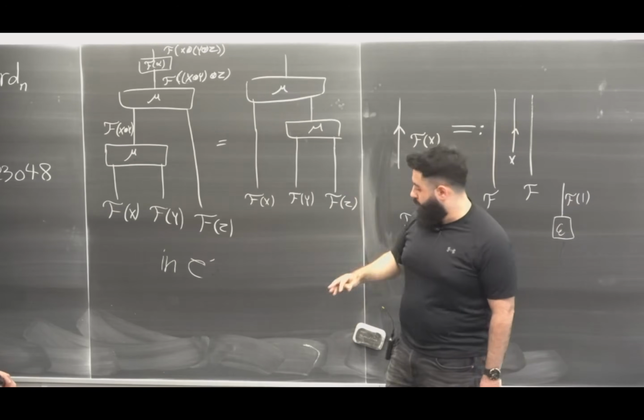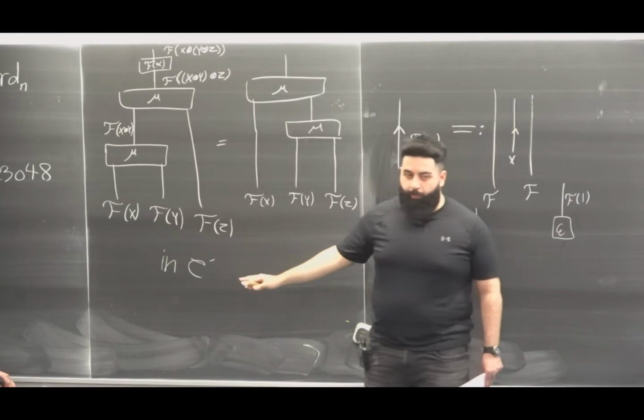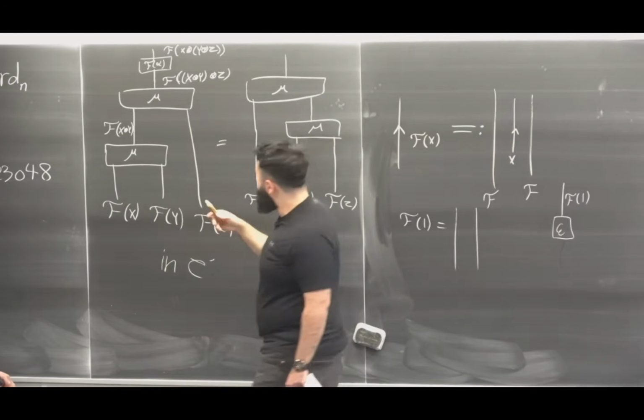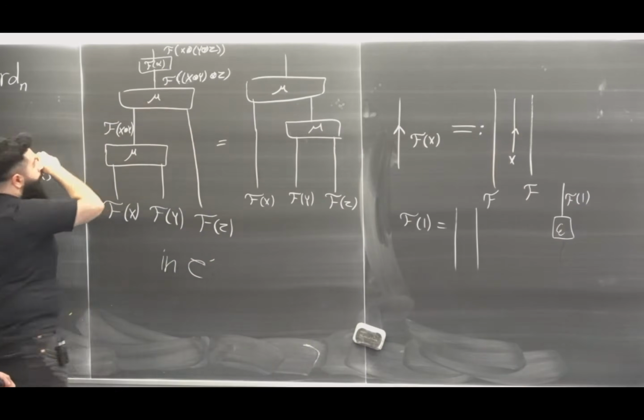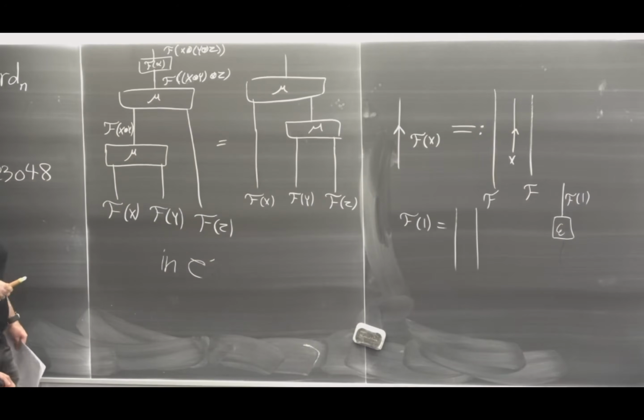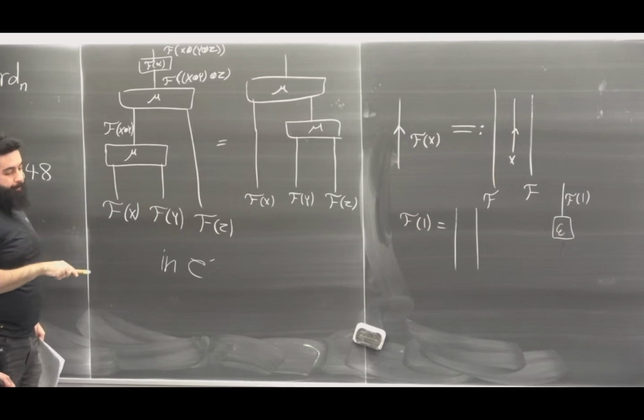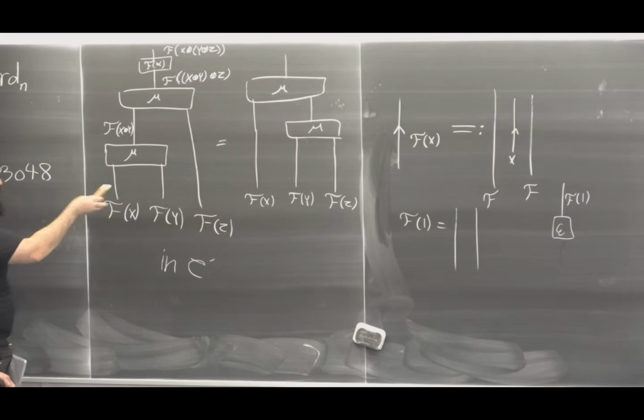All the stuff that I just mentioned in C prime, we don't write down because it's implied implicitly. But alpha here, we have to write down because alpha is in the unprimed category. This whole thing, the output of this diagram, takes in values in the primed category.